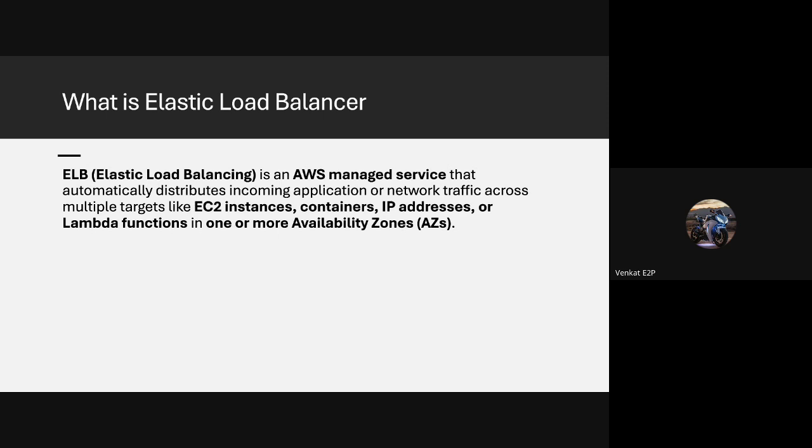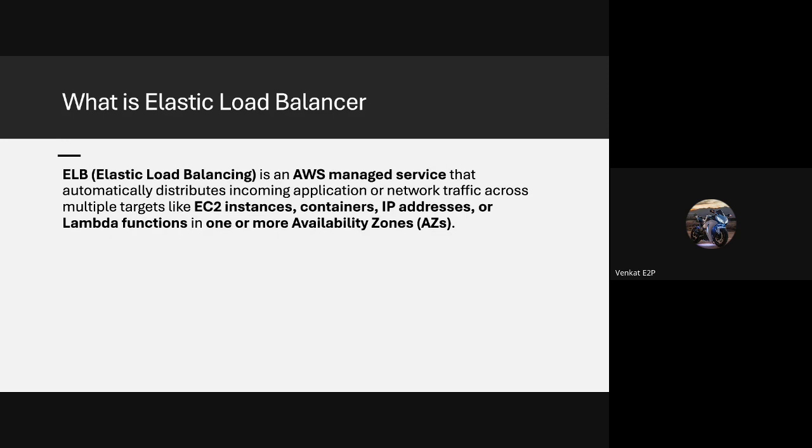Too many users are using it at the same time, so something might happen to that instance. Then we cannot use PhonePe or Google Pay at that time, and we get issues. To resolve that, we'll use this elastic load balancer.